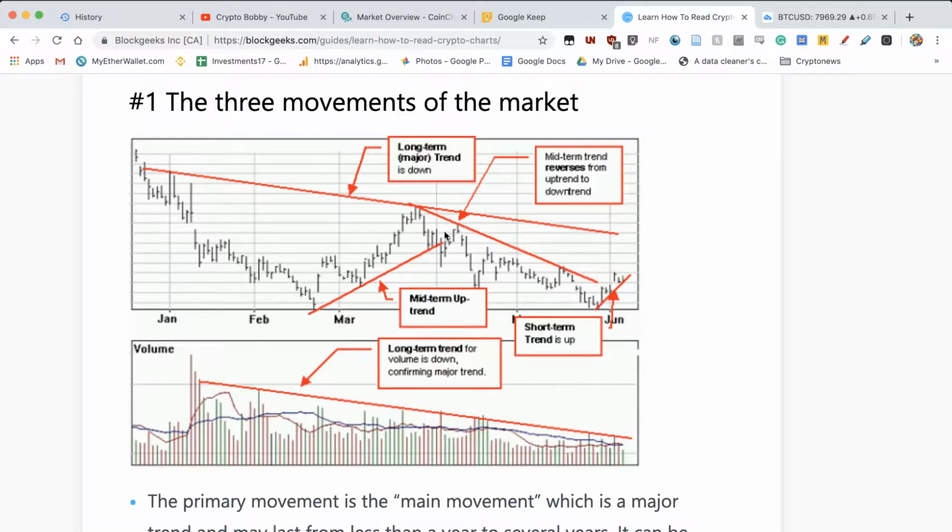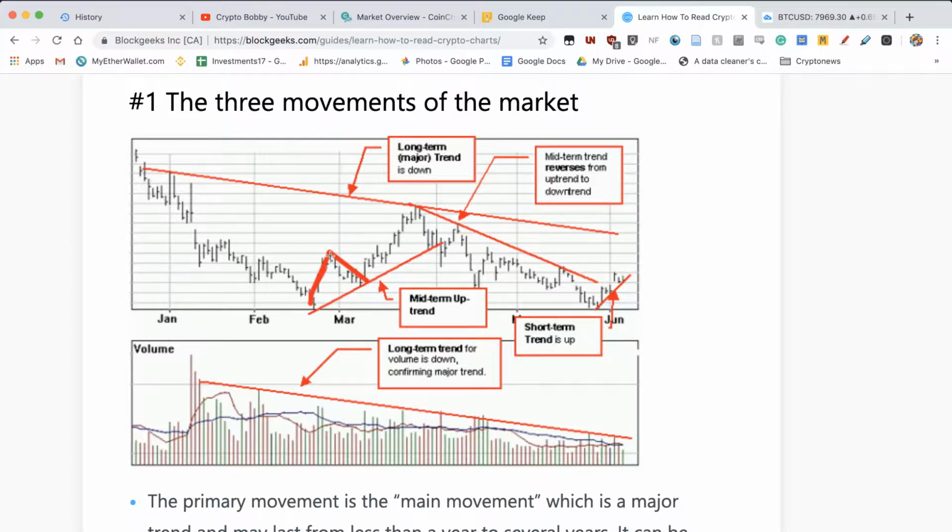And in these trends, you can have again some smaller short-term trends, for example, this one here. Let me get my pen tool. This one here would be a bullish short-term trend, and this here would be a bearish short-term trend.